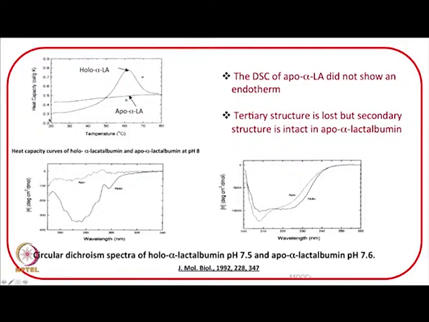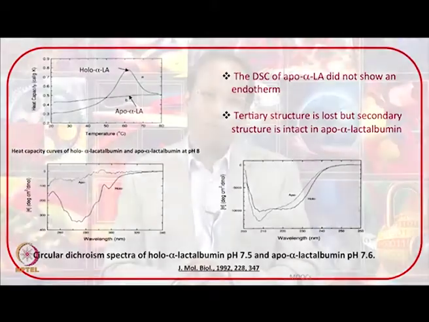Whereas the holo-alpha-lactalbumin, which has intact tertiary structure, should show the cooperative thermal transition. After this report, several other papers appeared in literature which showed that the molten globule state in several proteins does not show a cooperative thermal transition in differential scanning calorimetric profile.